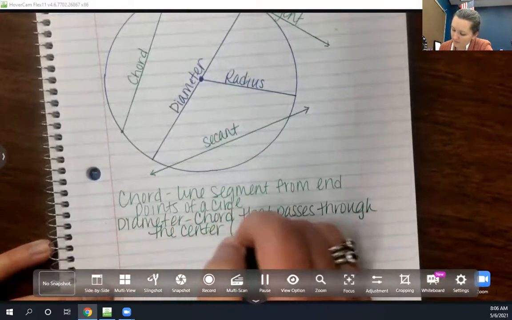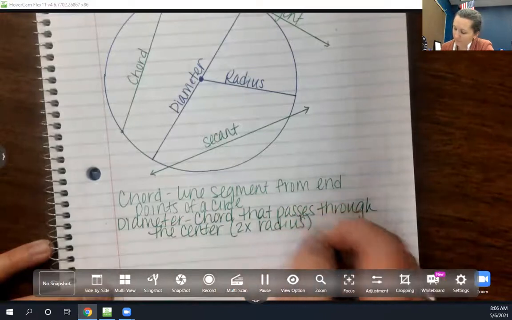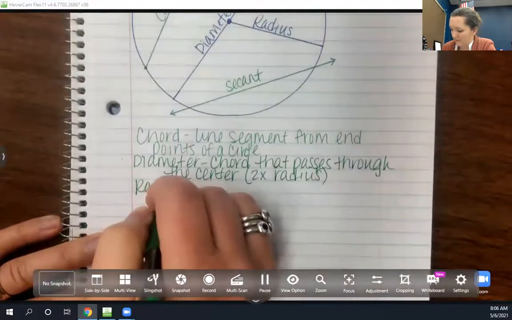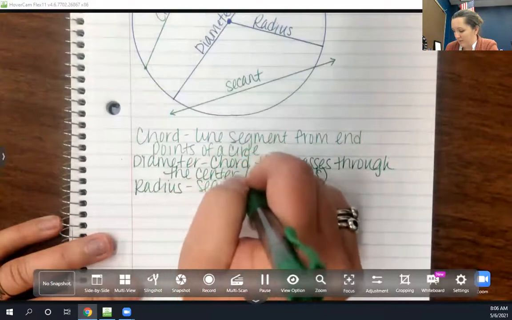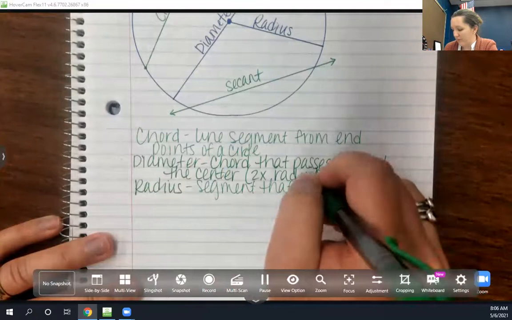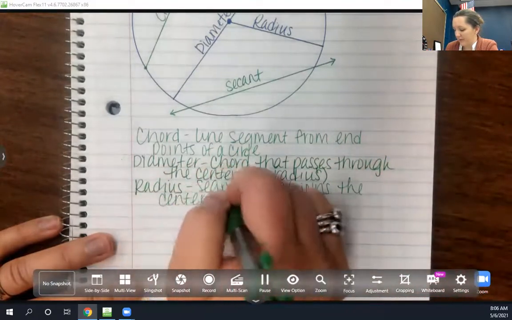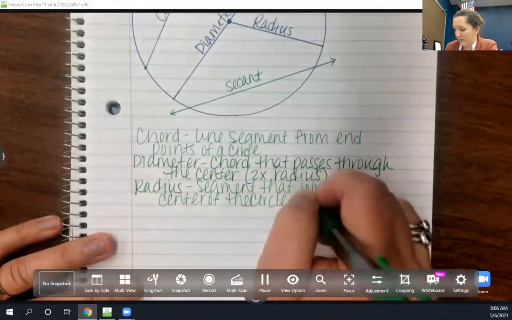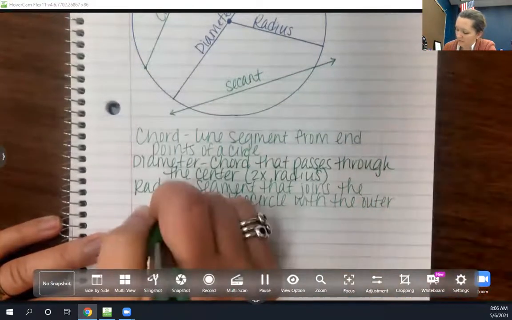And we also know that it is twice the radius, right? All right, a radius is a segment that joins the center of the circle with the outer edge.